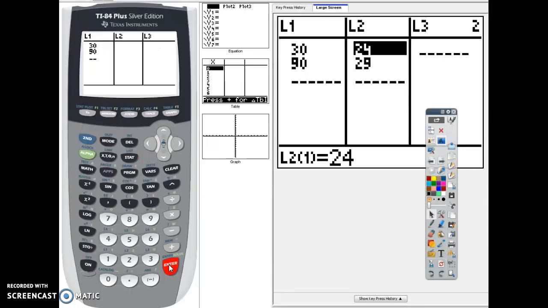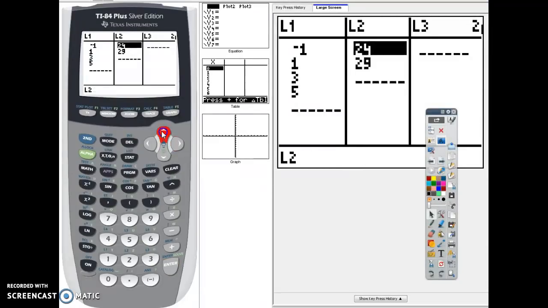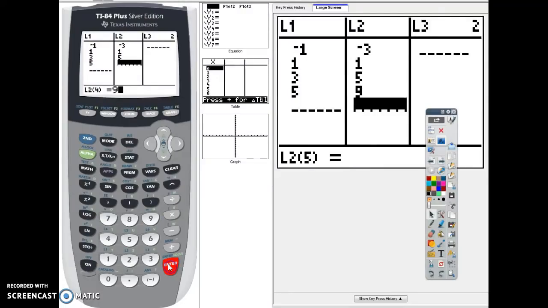Stat, enter. I have -1, 1, 3, 5. And on the other side, I have -3, 1, 5, 9.